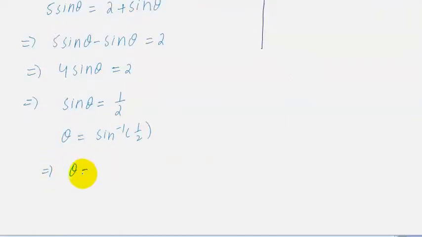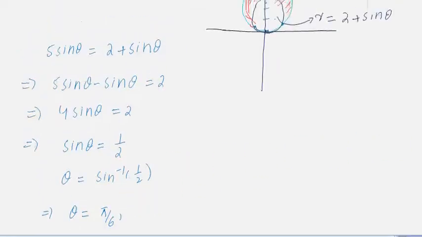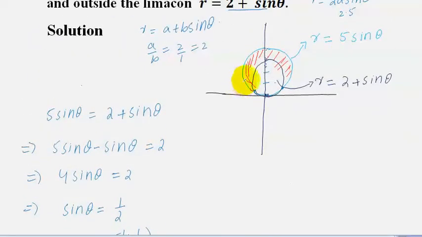As we know, sine inverse of 1 upon 2 is pi by 6. This is our principal angle, and as the value of sine is positive in first and second quadrant, in the second quadrant our angle becomes pi minus pi by 6, which is 5 pi by 6.